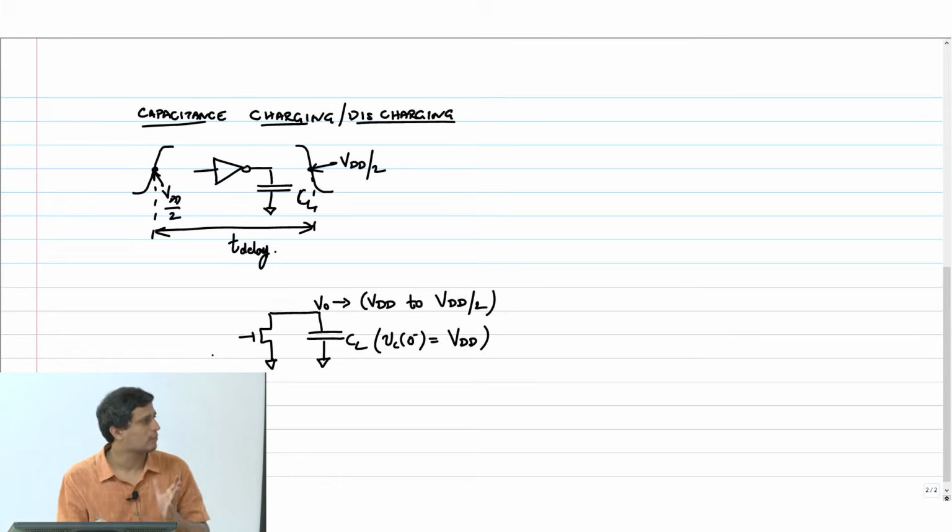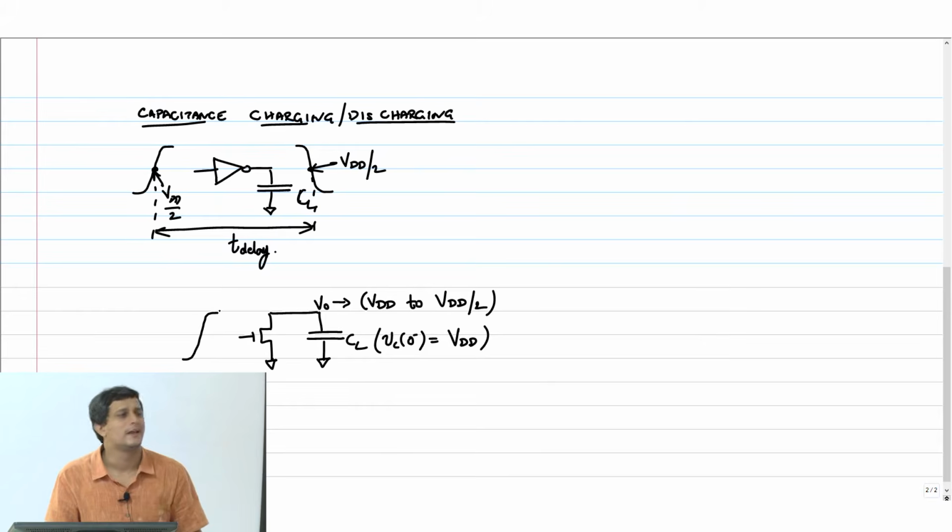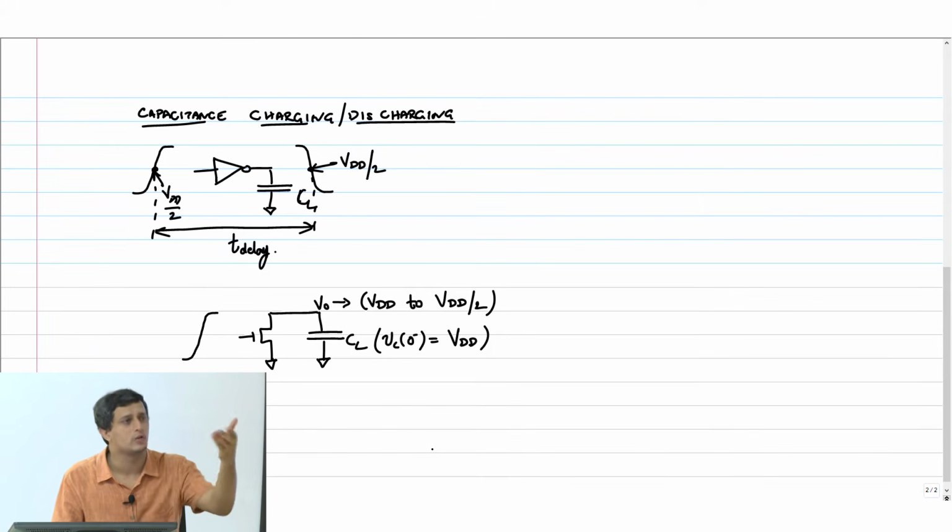Now we have to make some assumptions to simplify our analysis, otherwise it becomes very difficult. If the input rises slowly like this, then the delay becomes a little hard to handle. If it becomes a ramp function, then I have to see when the device turns on, when it goes into linear, saturation, all that. It's very painful to do that.